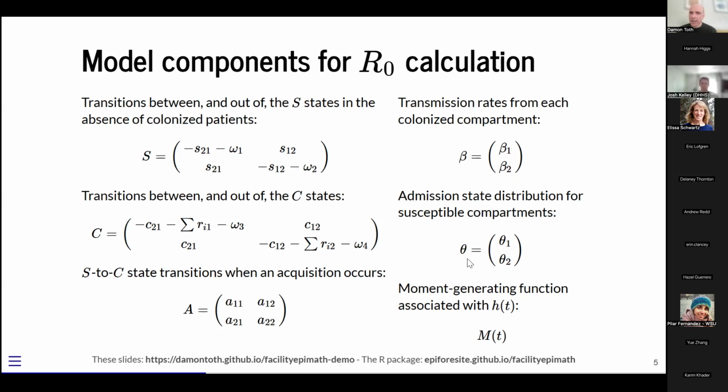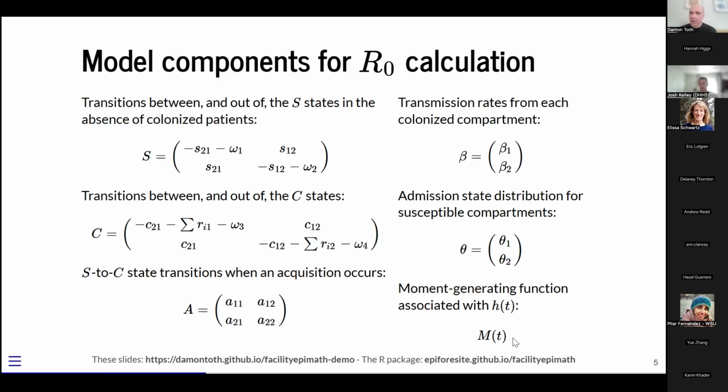We have the admission state distribution for the susceptible compartments only. Since we're calculating R naught, that means the facility is fully susceptible, and you're calculating the expected number of transmissions from that state. So it's a length 2 vector that adds to 1 of the admission states for the susceptible compartments.